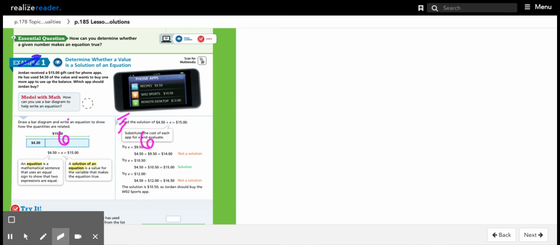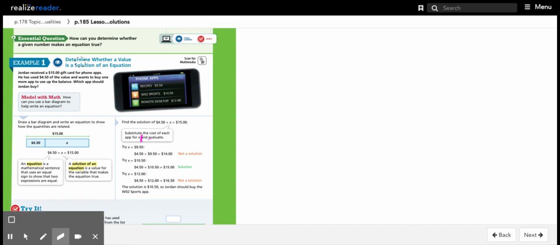So now let's look at a word problem here. Example 1 says Jordan received a $15 gift card for phone apps. I'm sure you've received gift cards before, right? So you have a $15 gift card for some phone apps.